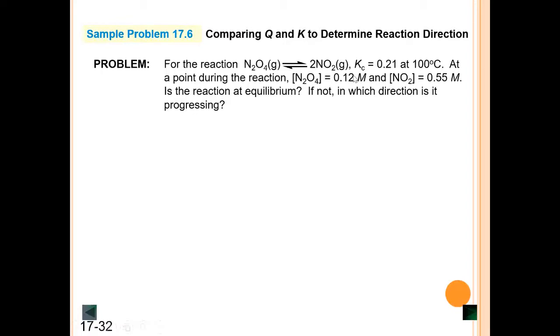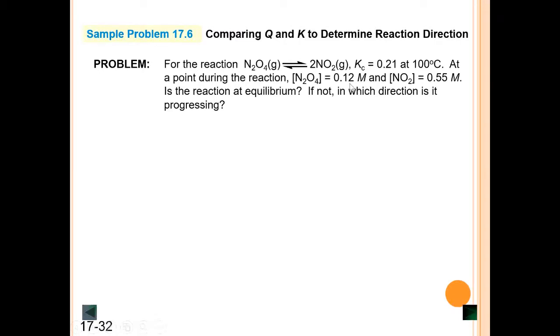Comparing the Q and K values to determine the reaction direction. We have this decomposition reaction of N2O4. The Kc is given as 0.21 and this reaction happens at 100 degrees C. At a point during the reaction, the concentration of N2O4 is 0.12 molar and the concentration of NO2 is 0.55 molar.